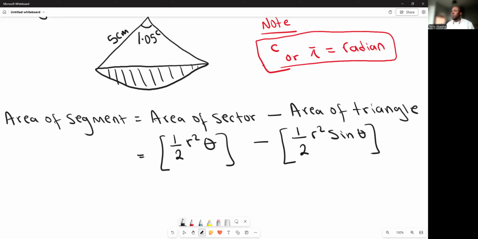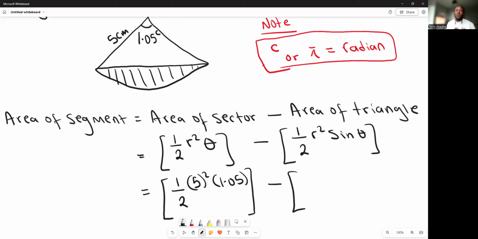In this example, our radius was 5, so it's 5 squared, and our theta was 1.05 in radians. It's very important at this stage that you change your calculator settings to radians. Different calculators have different ways to do that, so you have to change it.